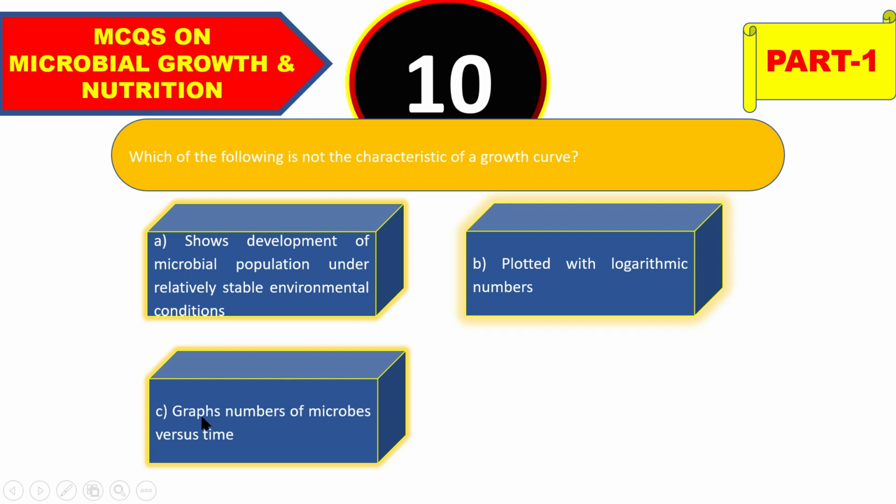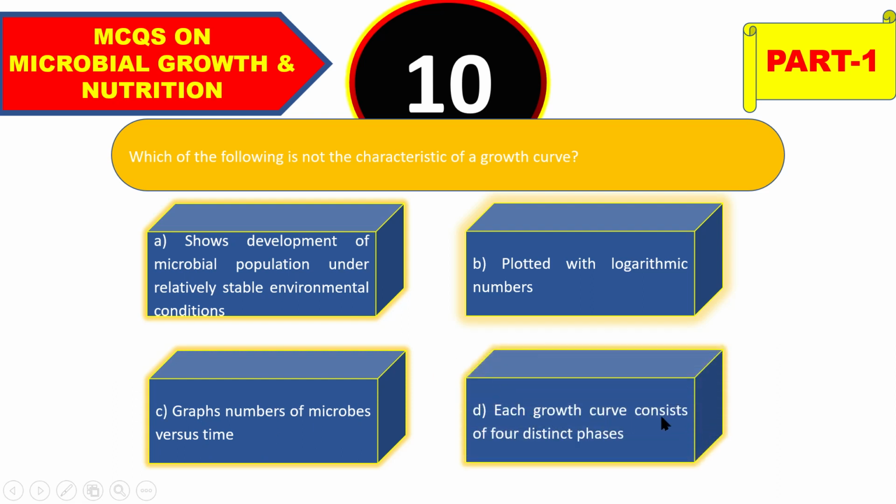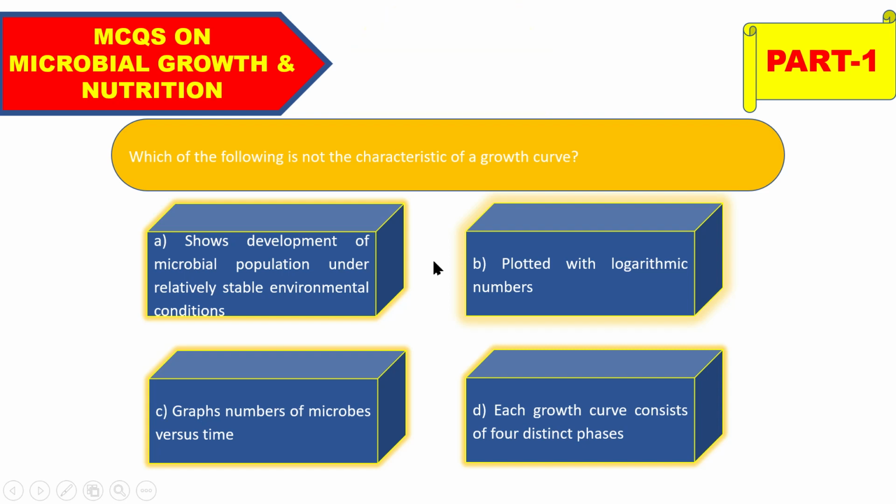Next, graphs number of microbes versus time, or each growth curve consists of 4 distinct phases. And the right answer about the growth curve of microorganisms is, each growth curve consists of 4 distinct phases. Okay, that is the lag phase, log phase, stationary phase and death phase.